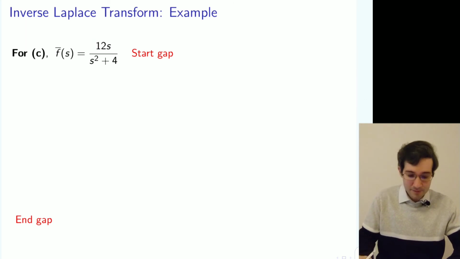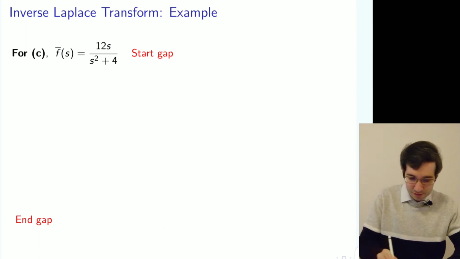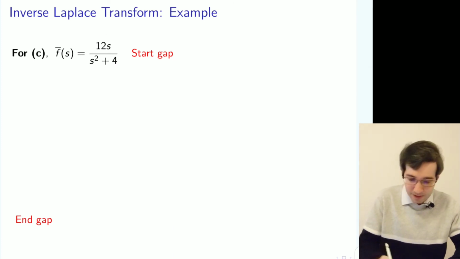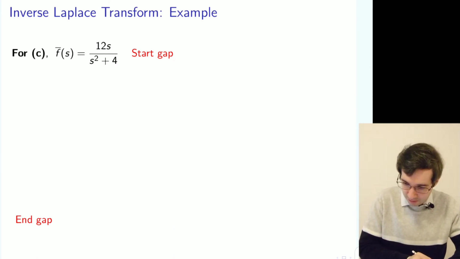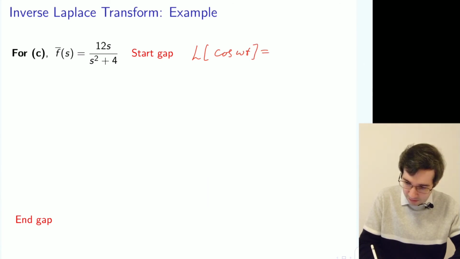And a final example, let's look in a little bit more detail here. We are asked to find an inverse Laplace transform for this fraction. So what we can do is remember that a Laplace transform of cosine omega t is S over S squared plus omega squared.